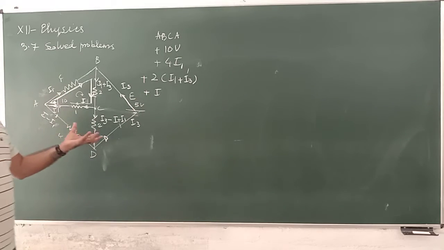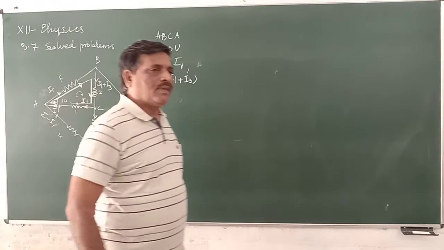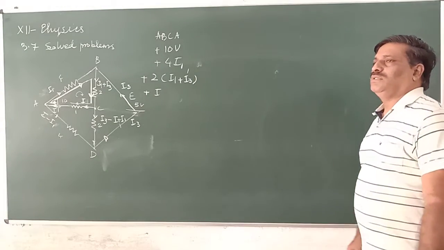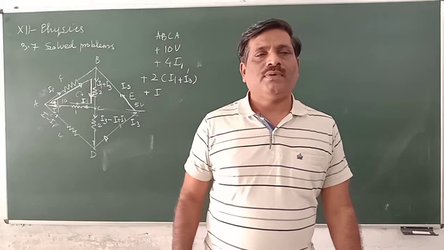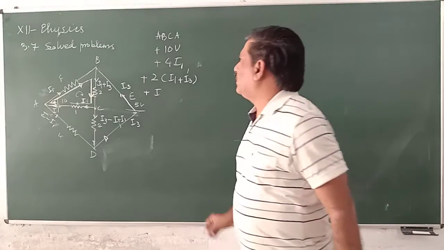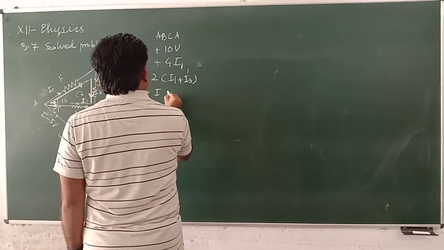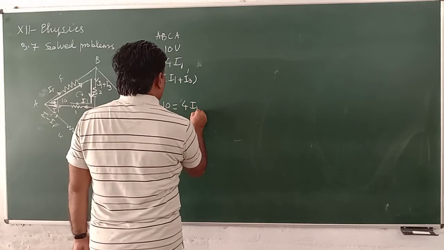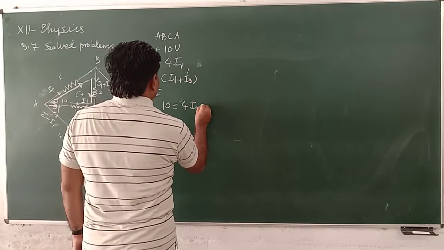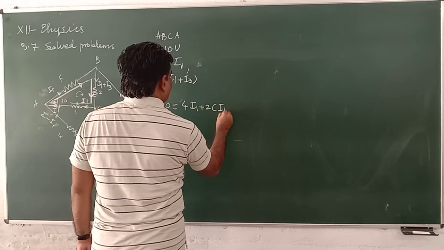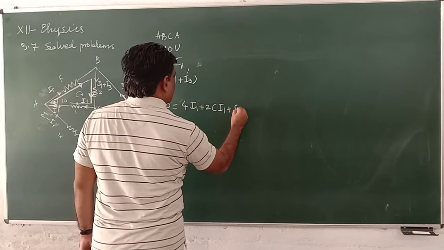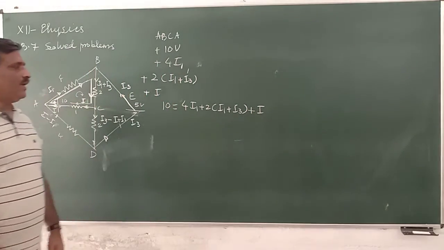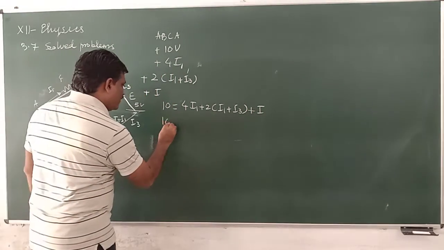Now how to make the equation? We all know, the EMF is equal to the sum of the products of I and R. So EMF is 10, which is equal to 4I1 plus 2 into I1 plus I3 plus I. This becomes your equation. I simplify it more.